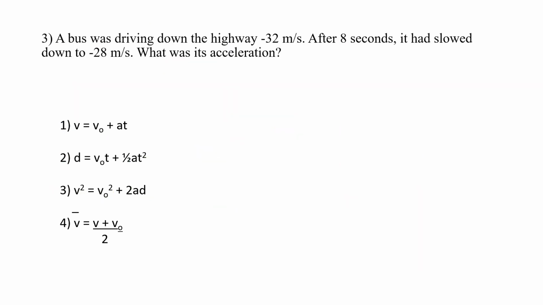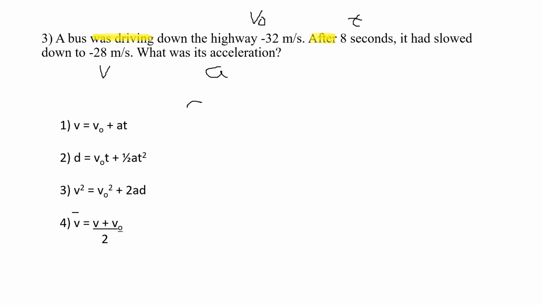A bus was driving down the highway. Was driving. Let me highlight that. After 8 seconds, was driving and after. I hope we're getting to the point where we feel comfortable calling this V naught and this V and this T. It says what is the acceleration, so there we go.